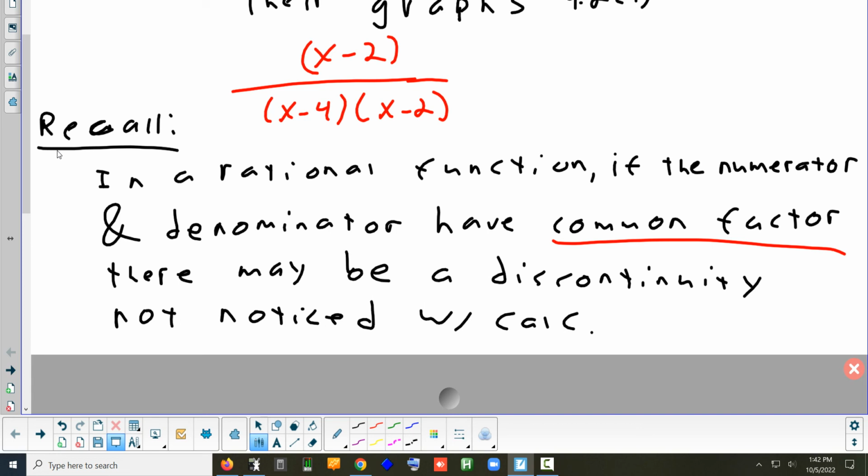You can't use the number 2 and, which one? 4, correct. You can't use 2 and you can't use 4. Those are the two values that are not in the domain. Now, which one of those is a vertical asymptote? There's only one of them in this case. Is it the 2 or is it the 4?